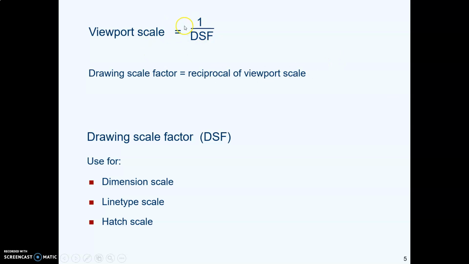Whatever the viewport scale is, 1 to something or other, that something or other is the drawing scale factor. So for instance, if your viewport scale were 1 to 2, 1 over 2, your drawing scale factor would be 2. If your viewport scale were 1 to 1, 1 over 1, your drawing scale factor would be 1.